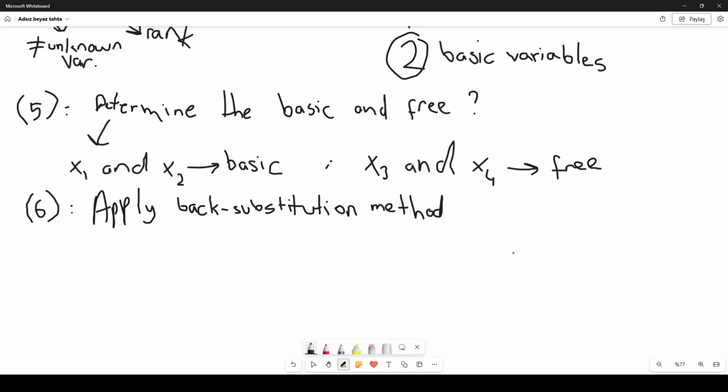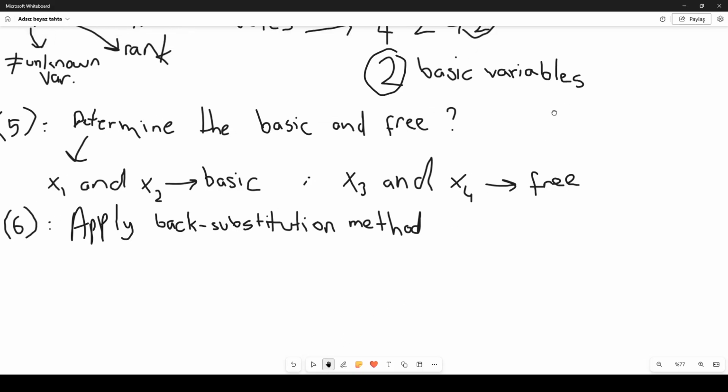In other words, I will write the basic variables as an algebraic sum of free variables. And how can I do that? Let's see.